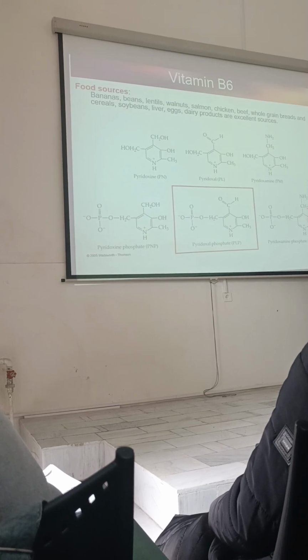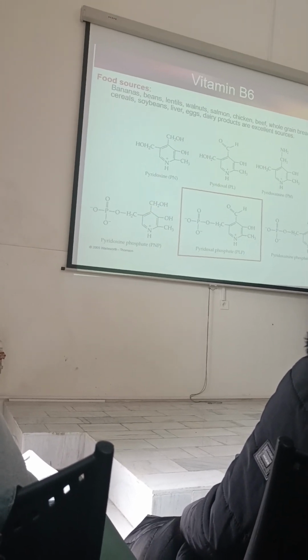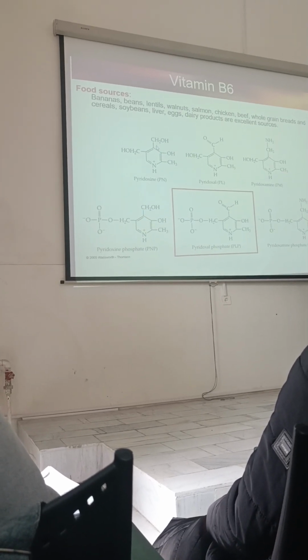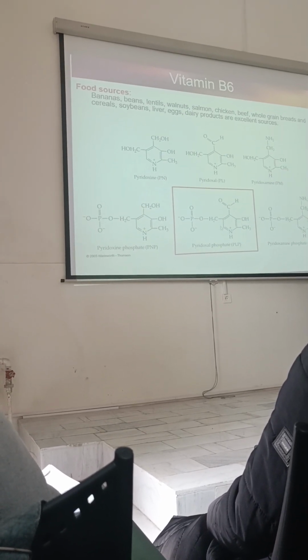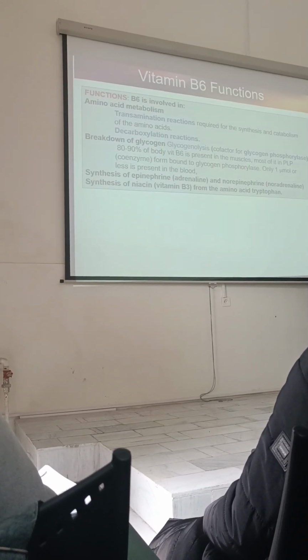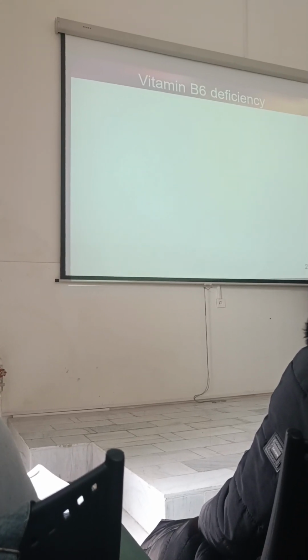About this slide, only PLP. Know that pyridoxal, where al means aldehyde. Please pay attention: pyridoxine, pyridoxal. The phosphorylated form is the coenzyme form of vitamin B6. Please eat this slide, okay? Chew this slide completely.